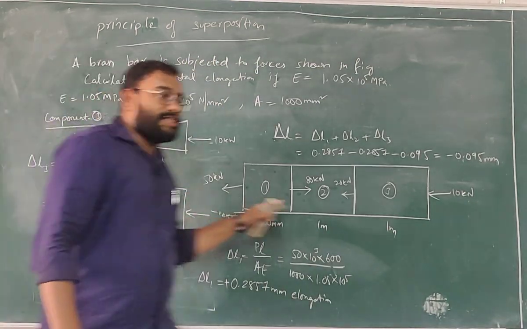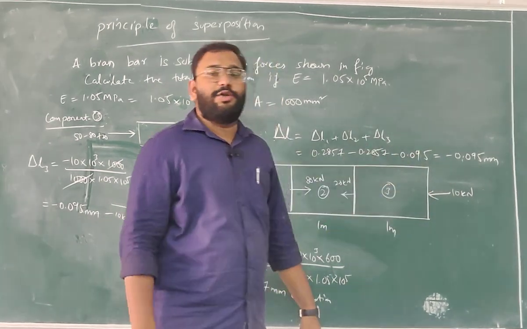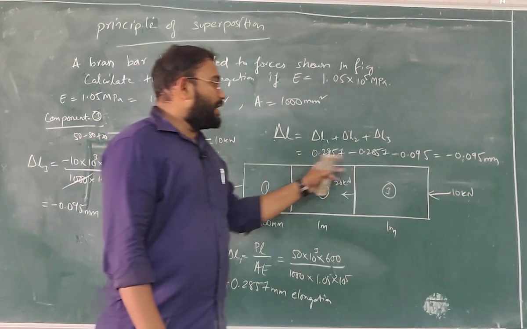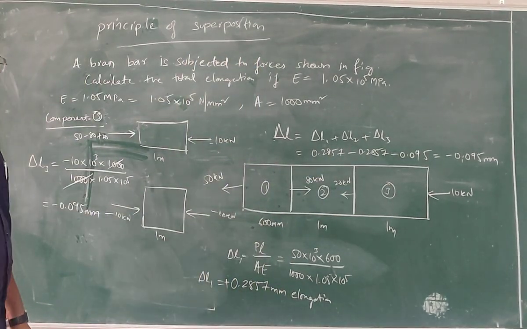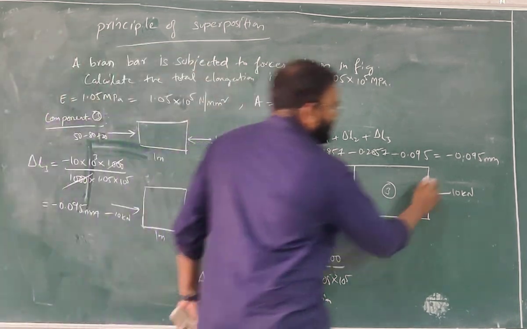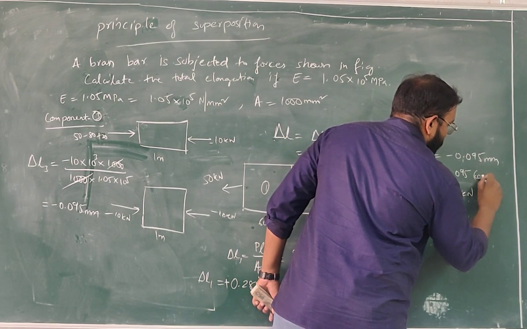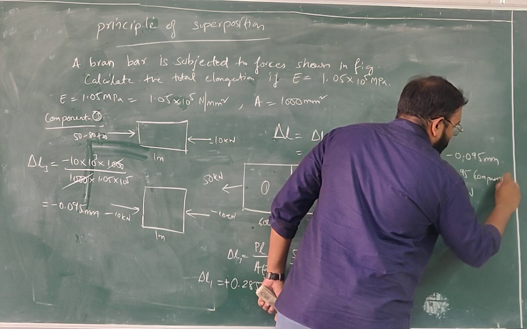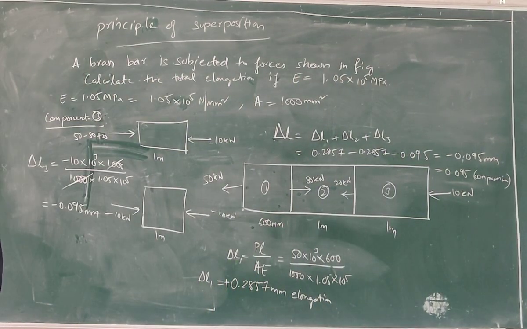On application of these forces, this bar is subjected to a compression of 0.095. Okay, this 2 gets cancelled and this will be 0.095. Clear? Or you can write it like this. This is 0.095 compression or contraction.